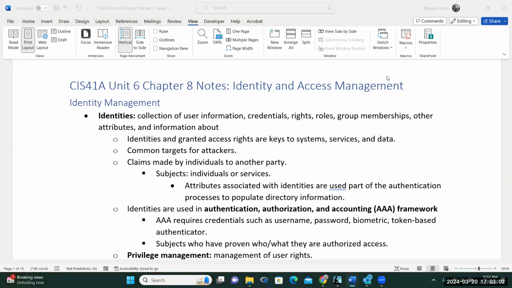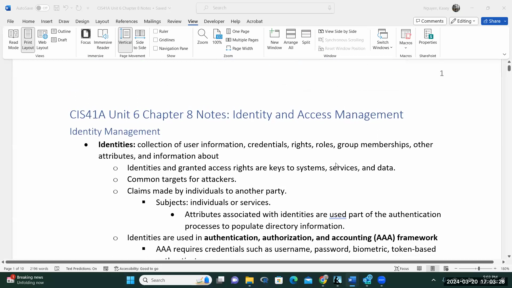Okay, so let's talk about unit 6, which is chapter 8. This particular unit focuses on identity and access management. It does talk a little bit about attacks and things down the line, and I think this one will also go well with my lab for tomorrow's class, which is ethical hacking.